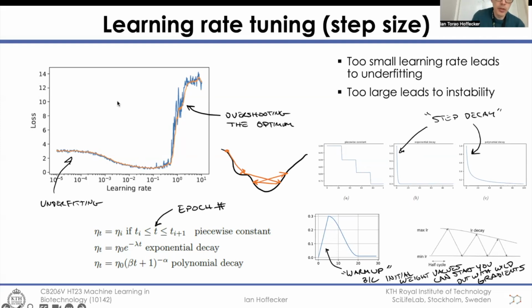And so if we look at this chart here, this is a chart of a loss function with, on the horizontal axis here, the learning rate. So we have smaller learning rates, smaller step sizes towards the bottom, and larger step sizes towards the top. And if we look towards the left here, this is kind of the zone of underfitting.